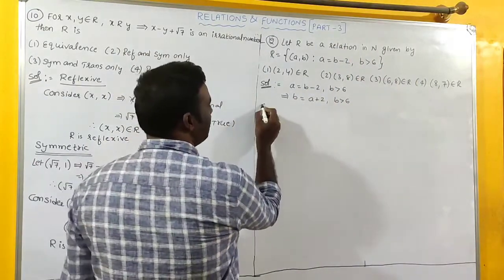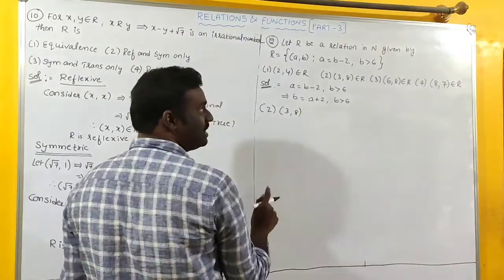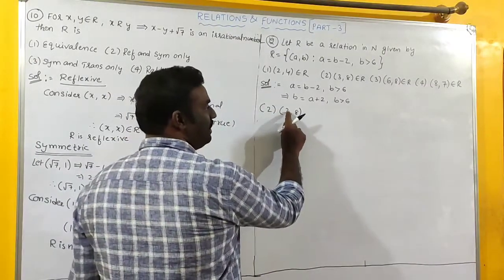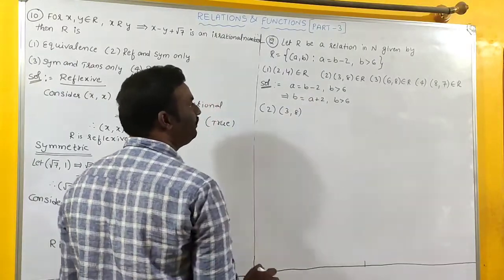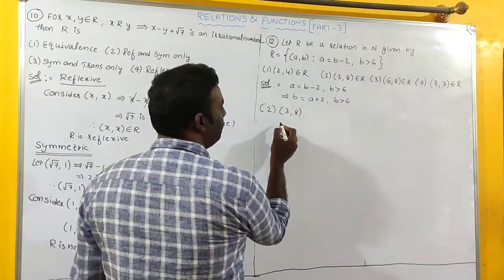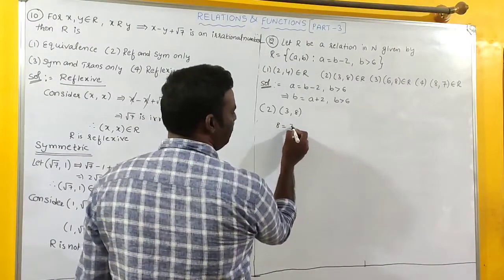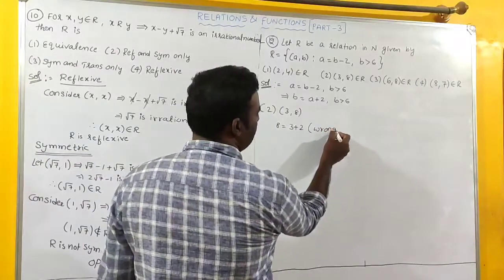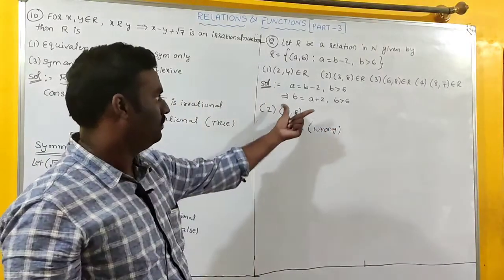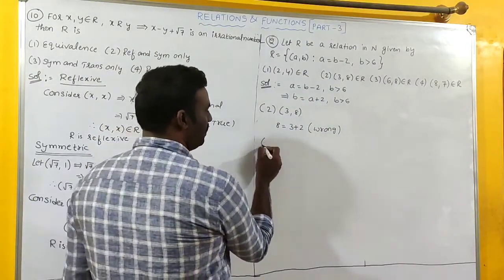I am verifying the second option. 3 comma 8 means A value 3, B value 8. Then substitute here. B is equal to A plus 2. This is wrong. B equals A plus 2, this is A, this is B. I will go with the third option.